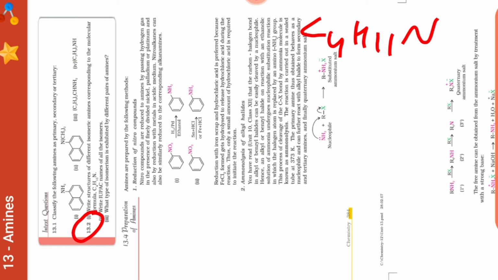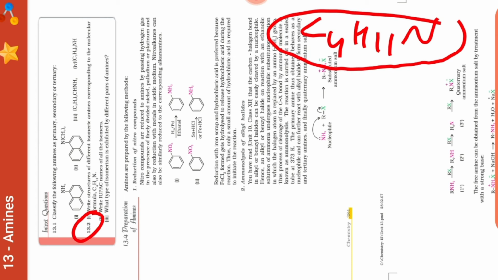All the possible isomers, we have to make and write their IUPAC names also, and they ask what type of isomerism is shown by these isomers. Clear? So first of all, this is the formula C4H11N, and I will try to make the chain isomer.